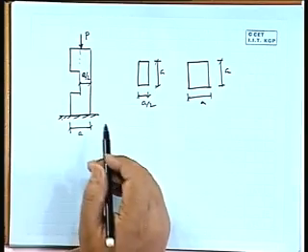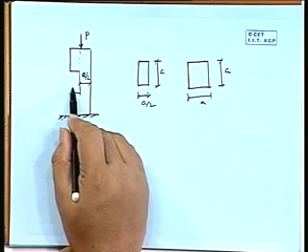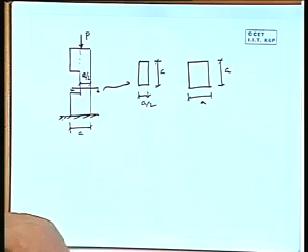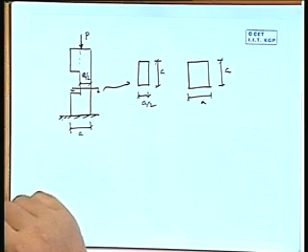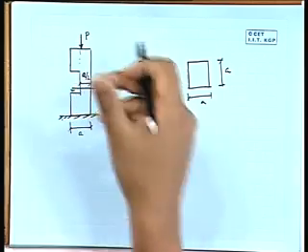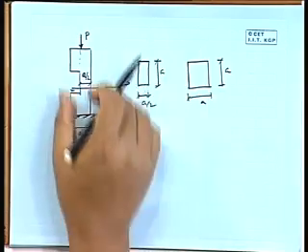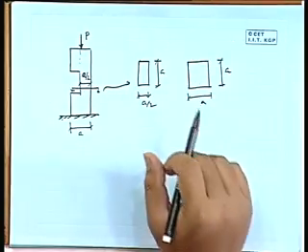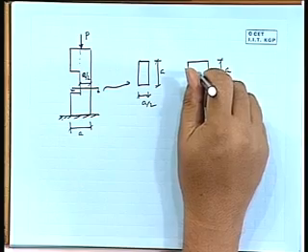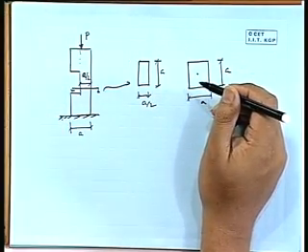Not clear? See, here if we cut, this section is this one, right. So this is A by 2, the other side it is A, and here it is A, the other side it is A. So here the load is acting at the top part.